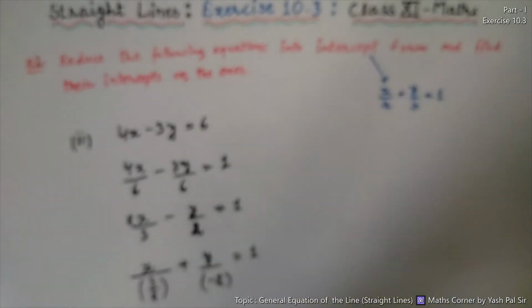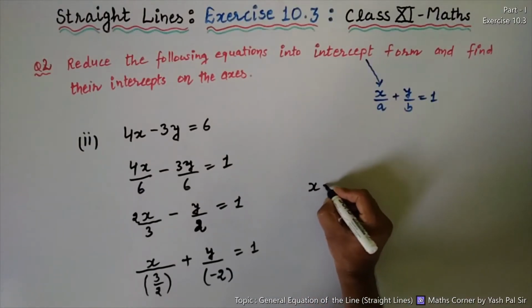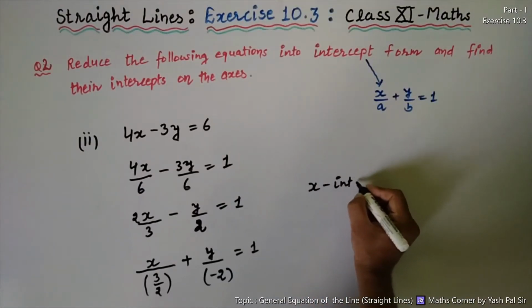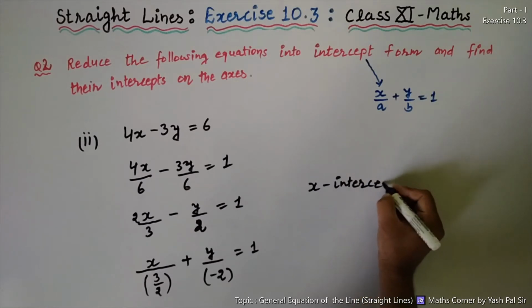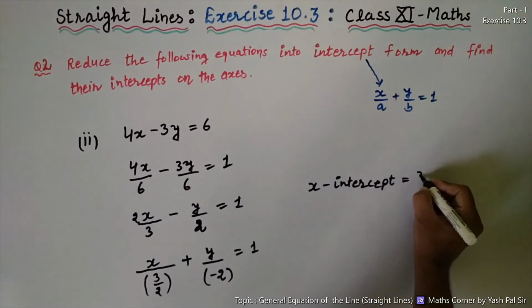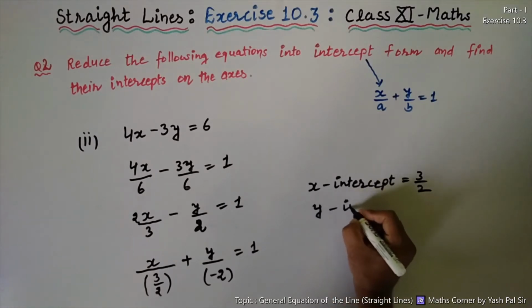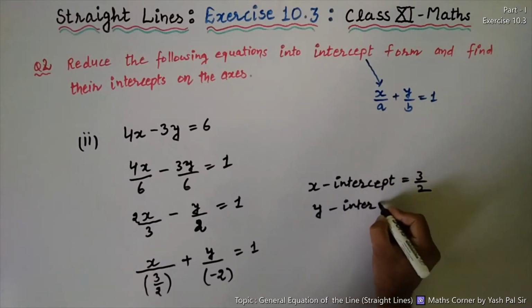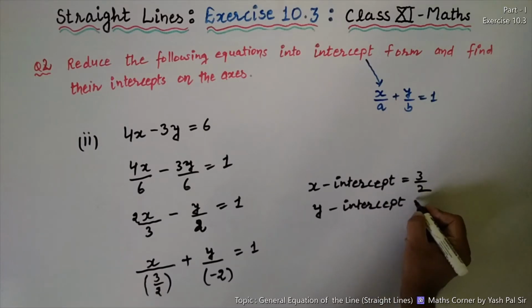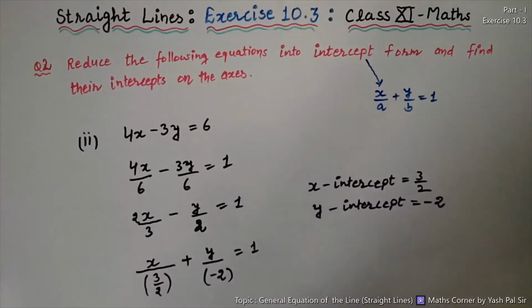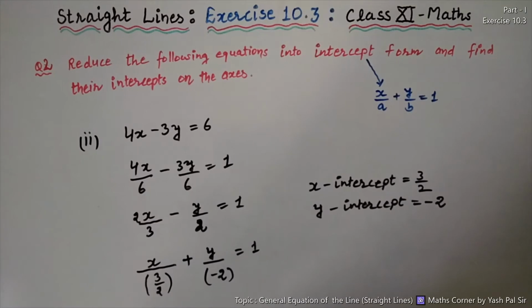So this is the intercept form. Now what is the x-intercept? X-intercept is equal to 3 upon 2, and the y-intercept is equal to minus 2.